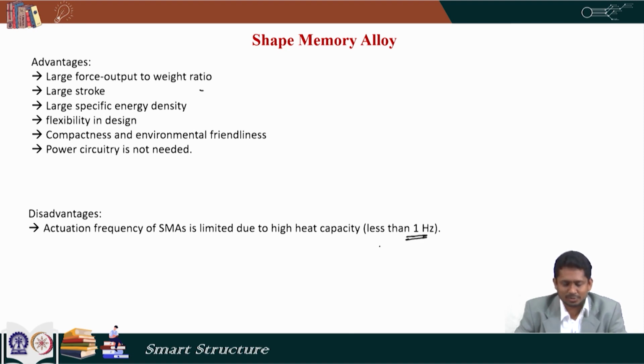Now, at the beginning of the course in the first week, we saw a comparison of different actuators made of smart materials, and we saw that in the case of piezoelectric materials, the actuation force is less than the shape memory alloy, but the frequency is high, and in this case the frequency is less, but the actuation force is higher, and the frequency is less because of the thermal mode actuation and high heat capacity.